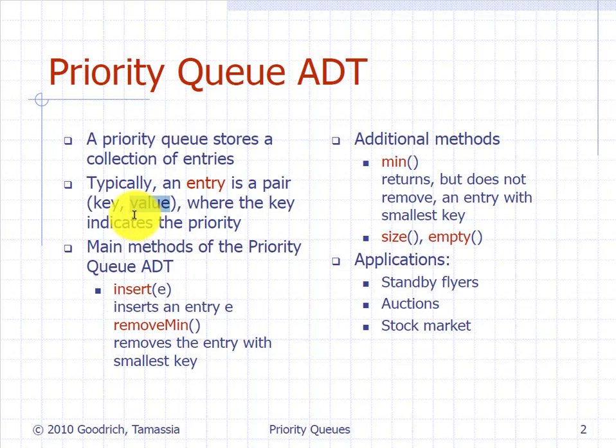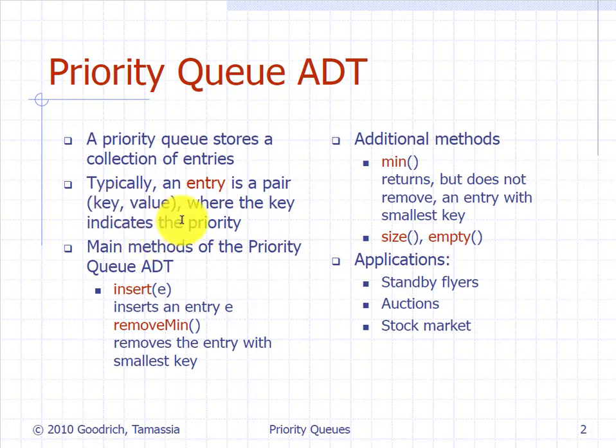These are your values. The key is associated to the value. So we can think of these two things as being one unit inside the priority queue. The key also indicates the priority for this particular object. So perhaps one object is more important than another. You can associate the importance with respect to the object with this notion of a key.